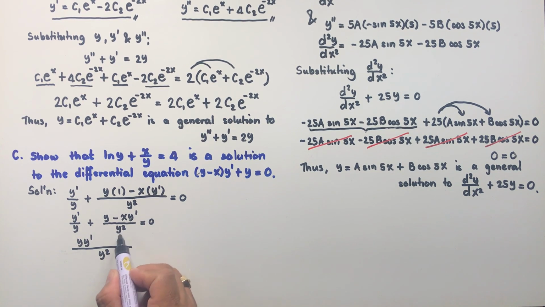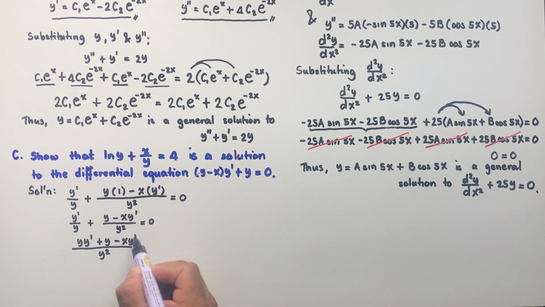And then y squared divided by y squared, that's 1, and 1 times the numerator, we have y minus x y prime. And this is equated to 0. Now, multiplying both sides of this equation by y squared, we have y y prime plus y minus x y prime is equal to 0, because y squared multiplied to 0 is 0.